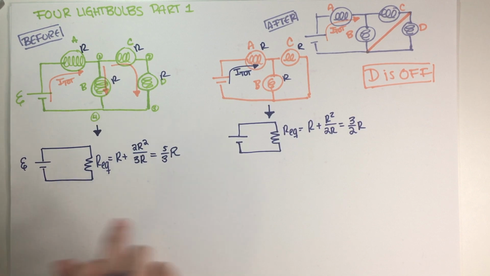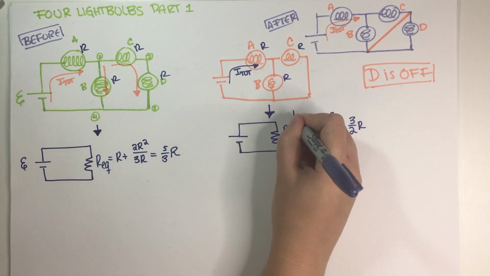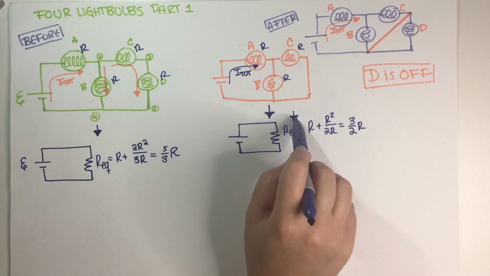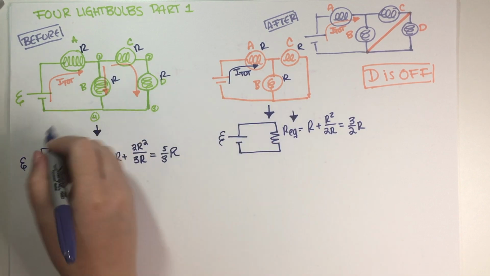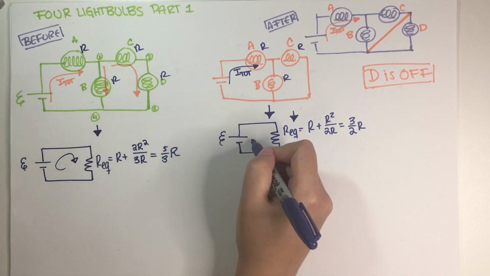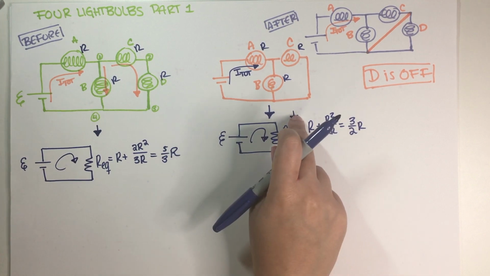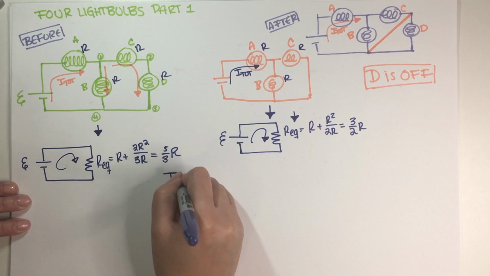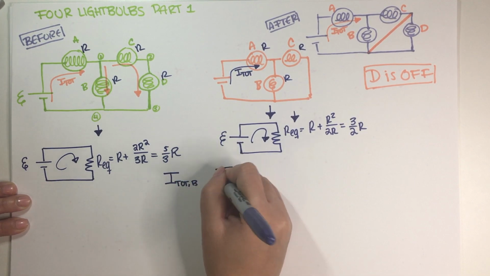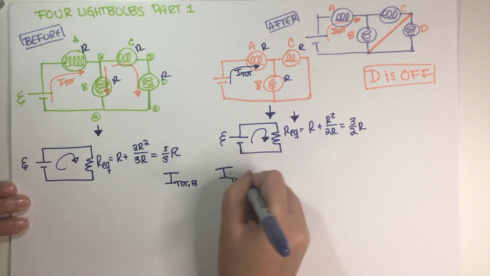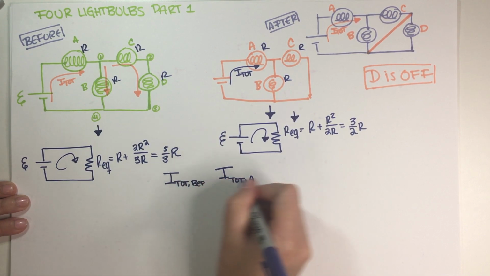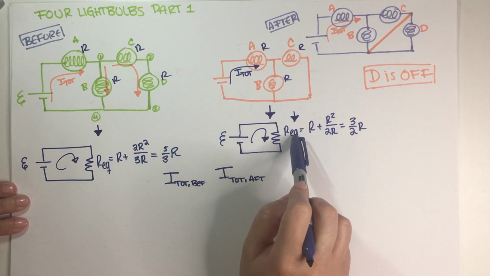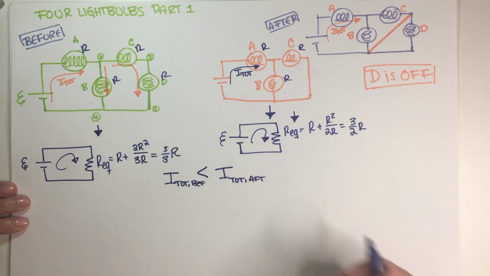So the total resistance on our circuit actually went down, which means that if the battery stays the same and the equivalent resistance goes down, then the total current, before and after, went up.